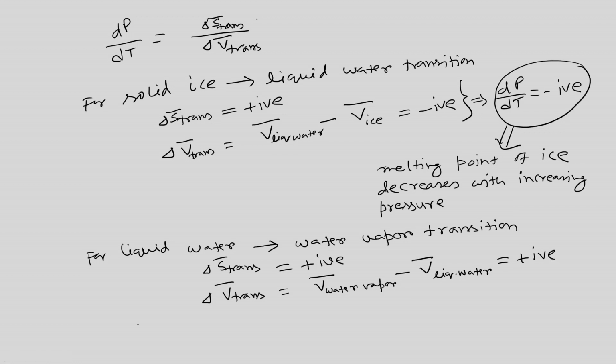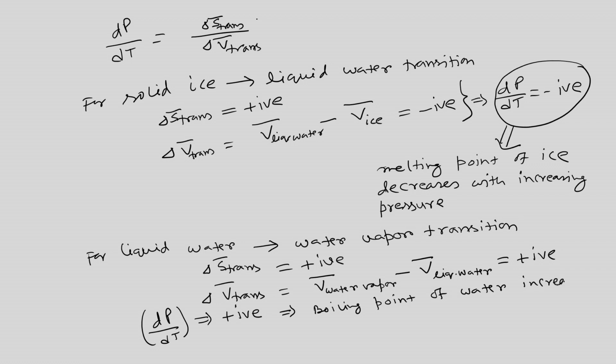Okay. It says that dP by dT is positive, right. So, it implies that the boiling point of water increases with increasing pressure.